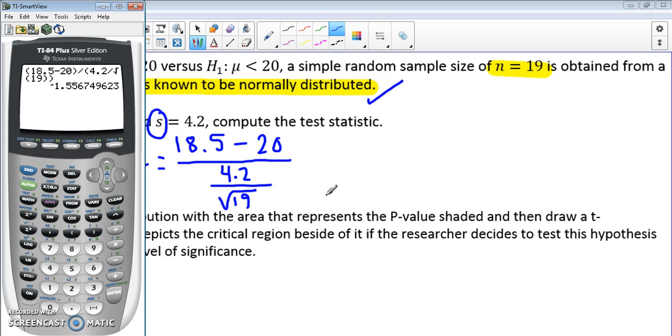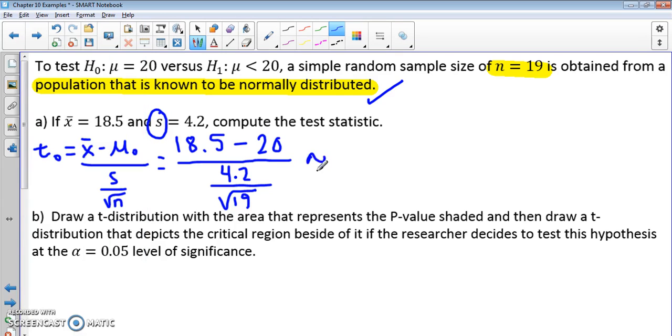We get approximately negative 1.557. Right, so that's our test statistic.